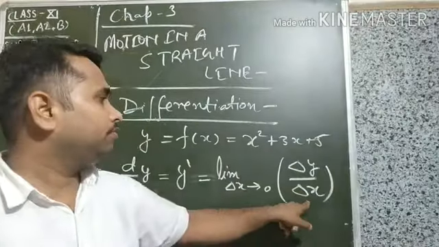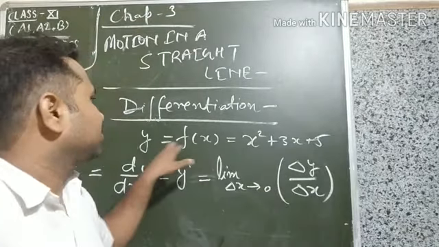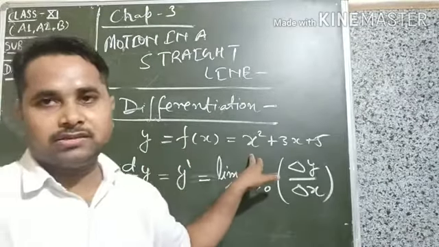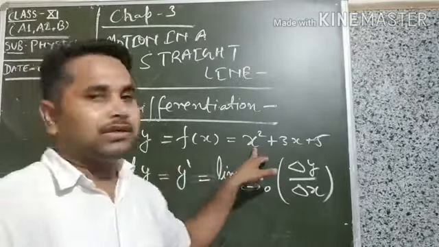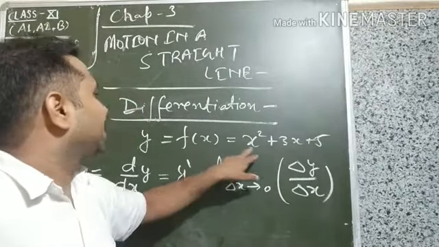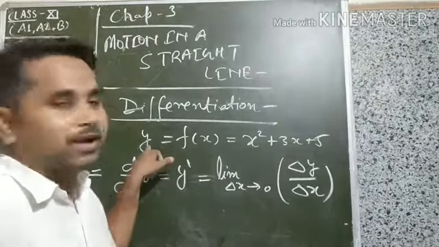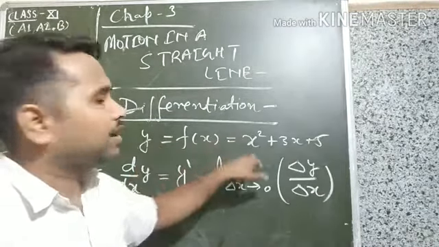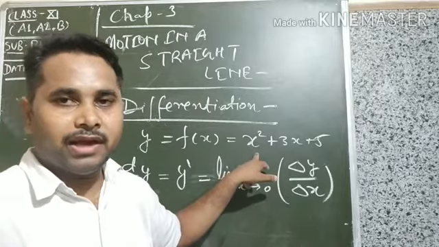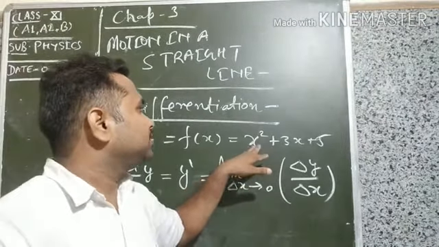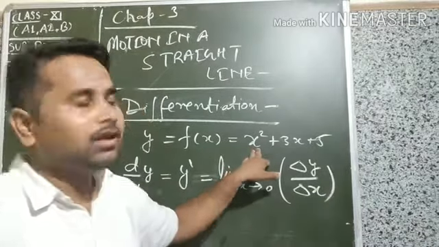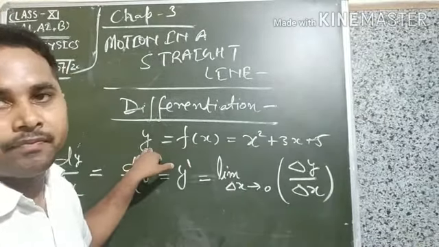You know that y is a function of x. x is the independent variable, y is the dependent variable. y depends on x, and x here is the independent variable. So when you change the value of x, it will change the value of y.